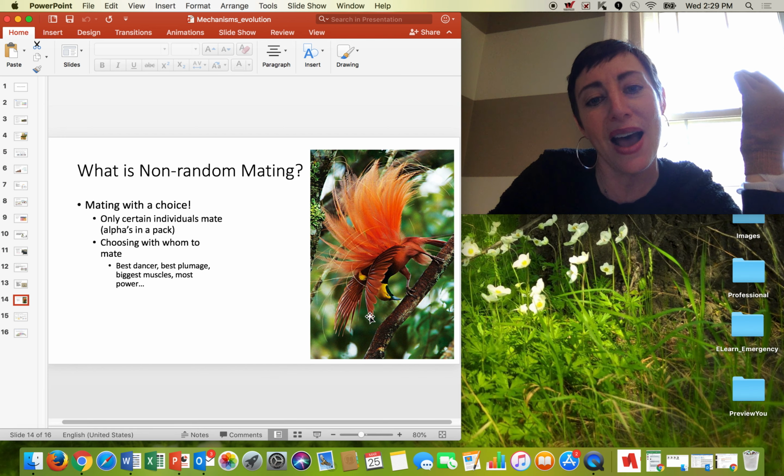These birds are choosing the traits that they like. Okay, makes sense? Sometimes we don't know as observers. We don't know, well, why would you choose that bird over that bird? Or why did that lion get to have sex with that female lion as opposed to this other lion? We don't know always, but there's some reason.